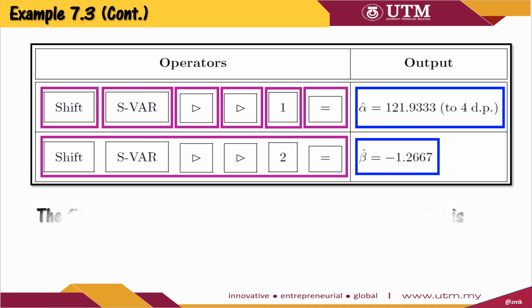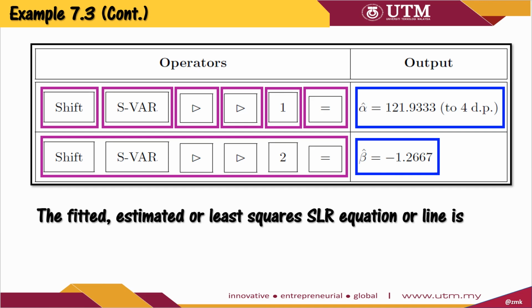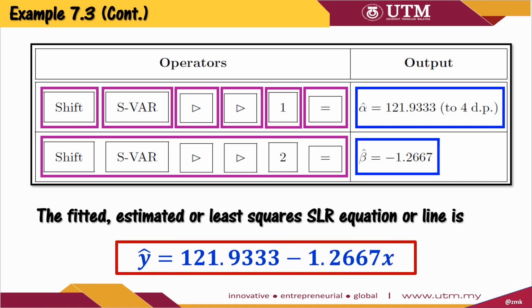Therefore, the fitted, or sometimes we call it the estimated or the least squares simple linear regression equation or simple linear regression line, is given by y hat equal to 121.9333 minus 1.2667 times x, which is exactly the answer to the question posted in the previous slide.